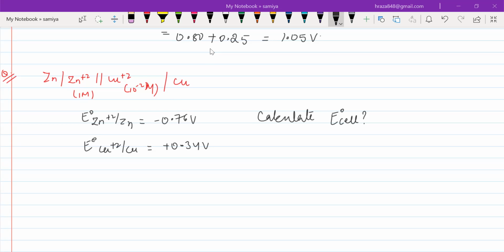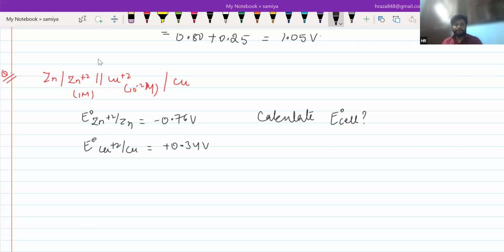Sir, can you directly use the values because it's given? Madhya, are you there? Yes, sir. Okay, please do this, and if you have any doubt, please ask me.